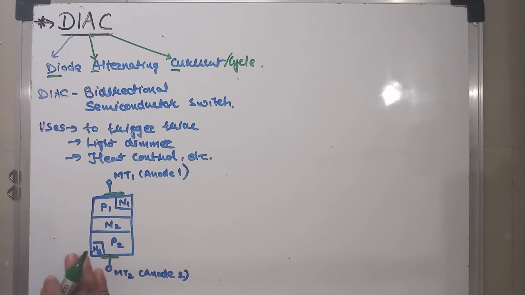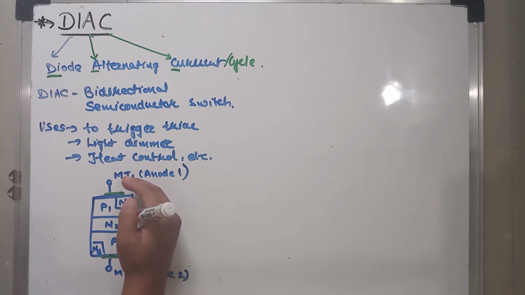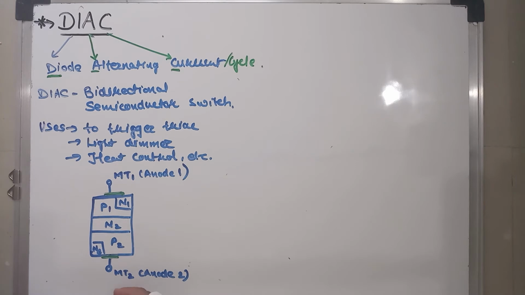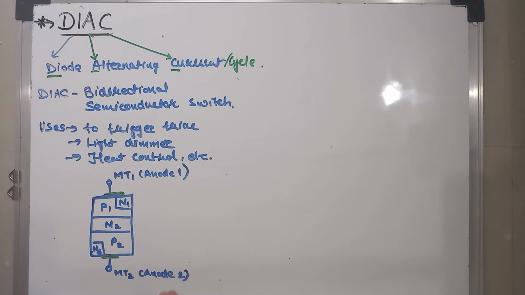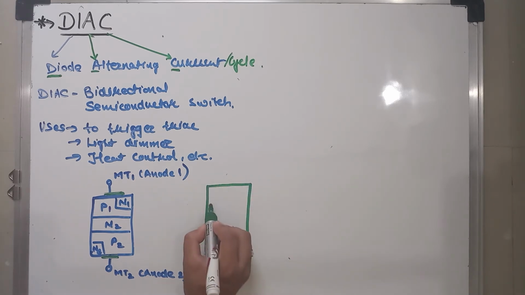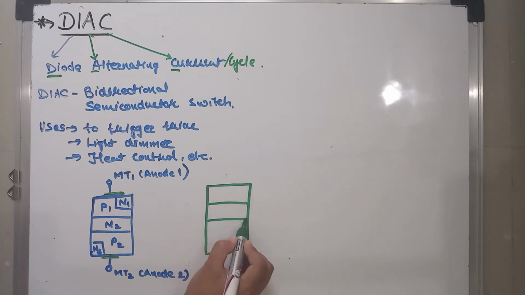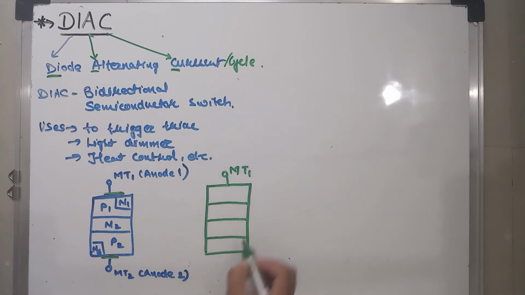Now what is the working of a diac? The working is like that: when main terminal 1 is made positive with respect to main terminal 2, or you can say anode 1 is made positive with respect to anode 2, at that time what will happen? See here, main terminal 1 and here main terminal 2.